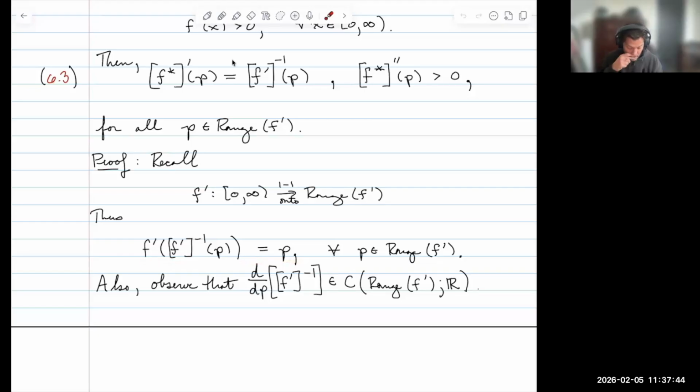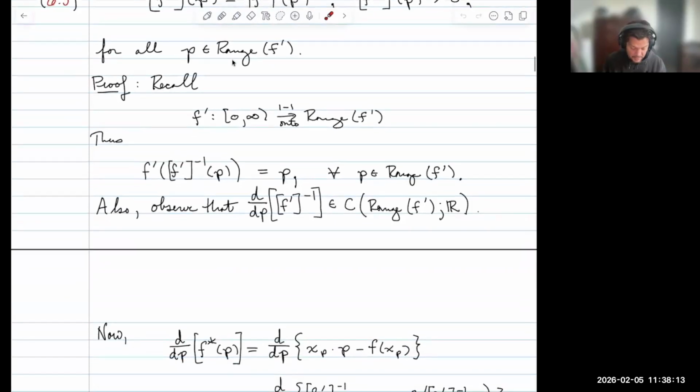This is what it means to be an inverse function. The only weird thing here is that we're dealing with the prime function rather than any other function. You might think that we should be working with the inverse of f, but it turns out that's not what we need to be working with. It's f prime. And this holds true for every value of p in the range of f prime. So this is the inverse relationship that we want to use.